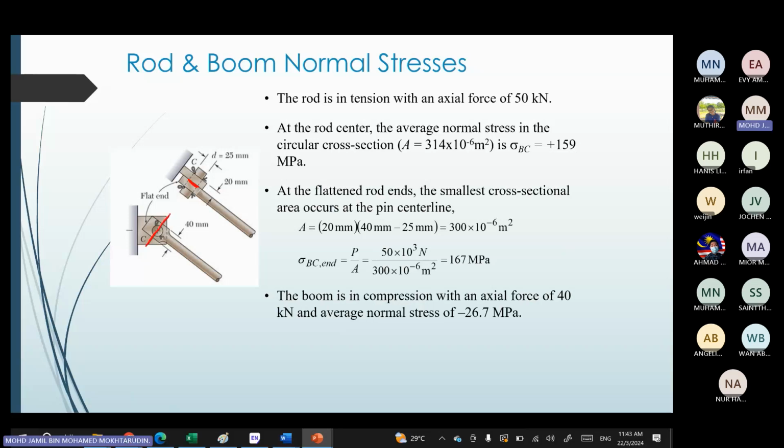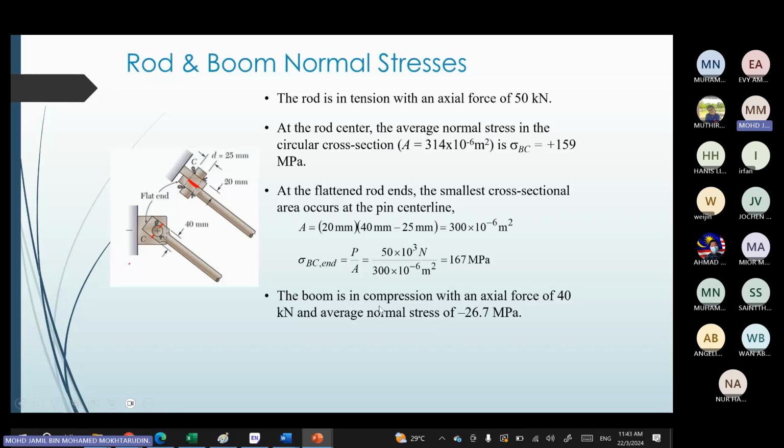So at this point here, yang I potong ni, it has the smallest contact area. Okay, so the smallest contact area of the structure with the pin is at the center line. Dia yang paling kecil sekali yang ada contact, okay. So dia kira dia dapat the stress at this point is 167.